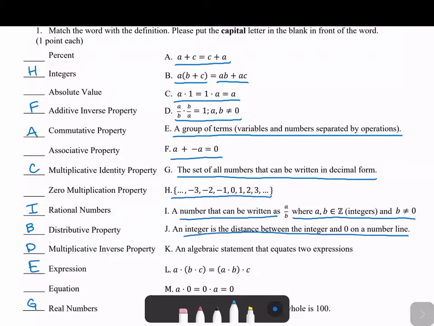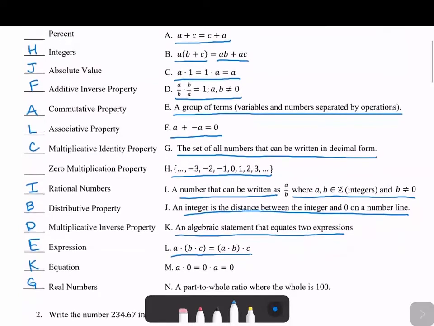So this is how we defined absolute value. K, an algebraic statement that equates two expressions. So this is an equation that equates two things. The next one says that we can multiply, we're trying to multiply A, B, and C. We can multiply B and C first, and it's the same thing as if we multiply A and B first, and that is the associative property.